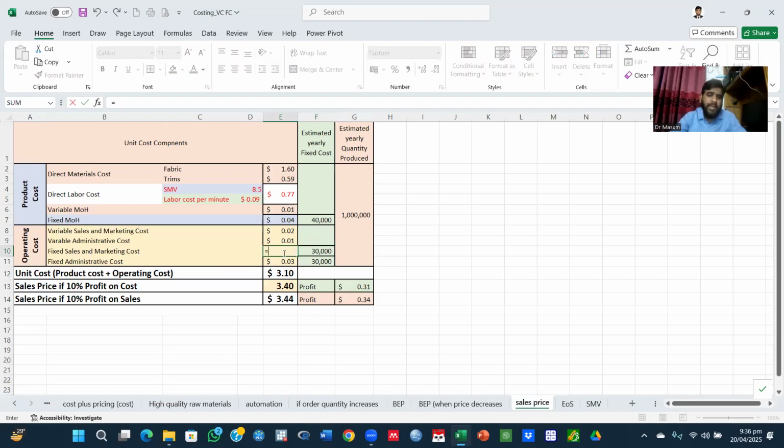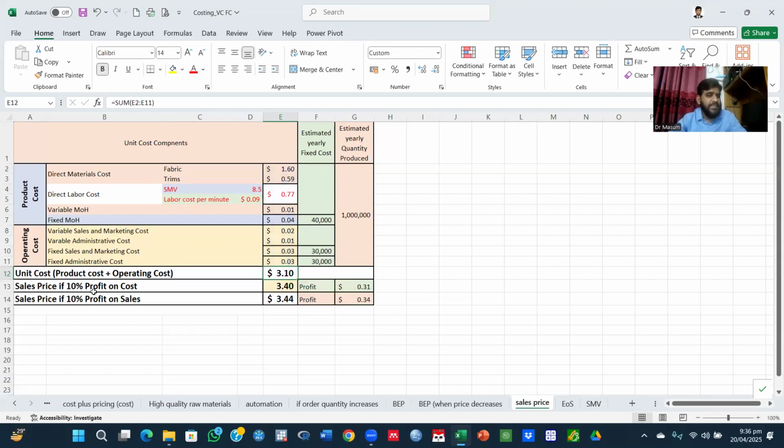So 30,000 divided by 1 million is equivalent to 0.03. Similarly, your fixed administrative cost is 30,000. This will be divided by 1 million. And your unit cost is $3.1.